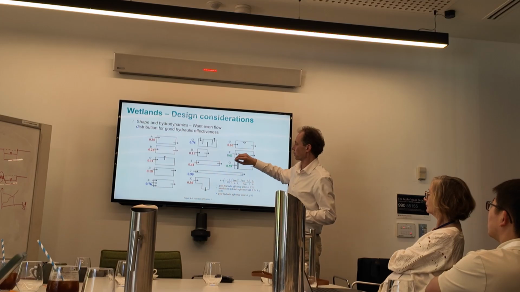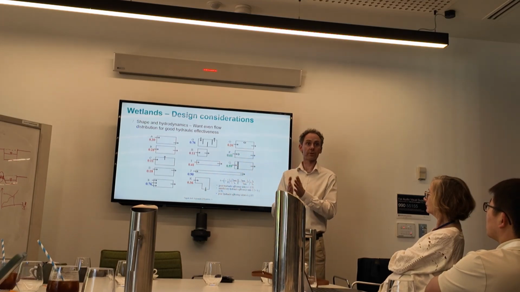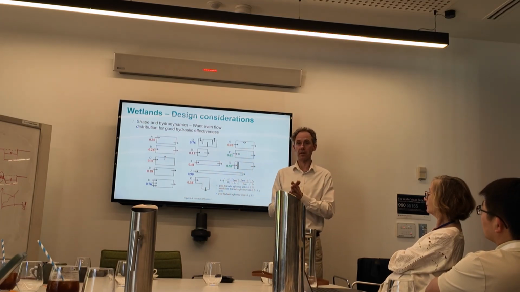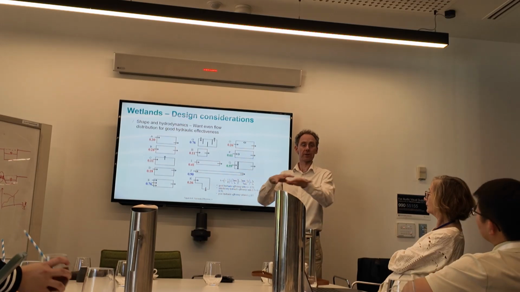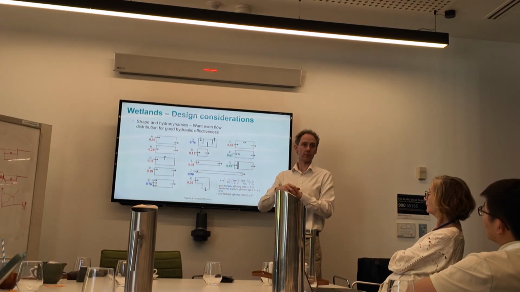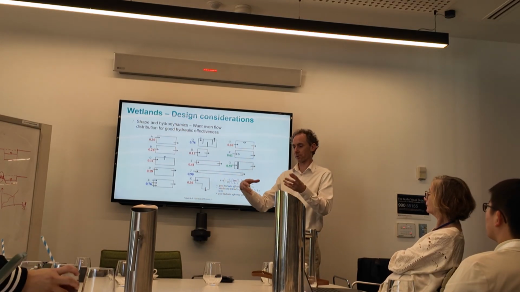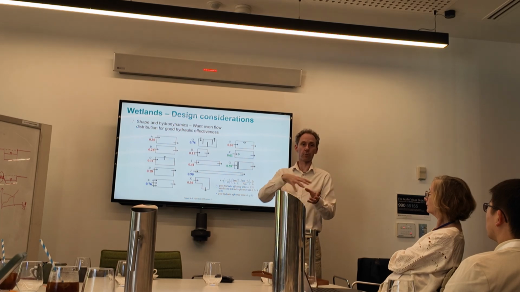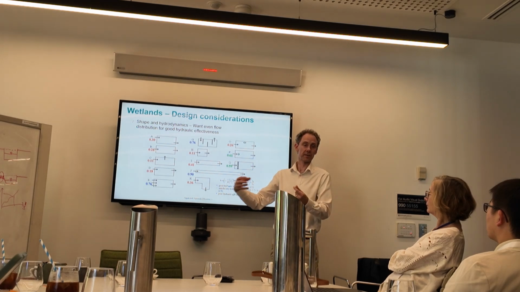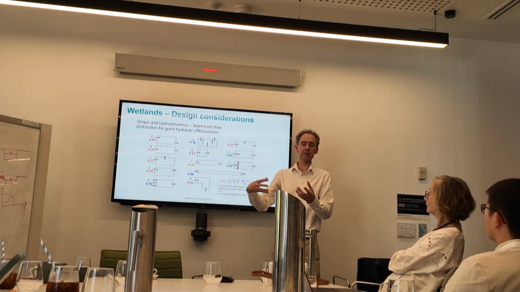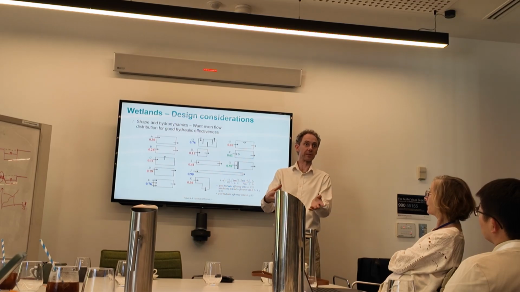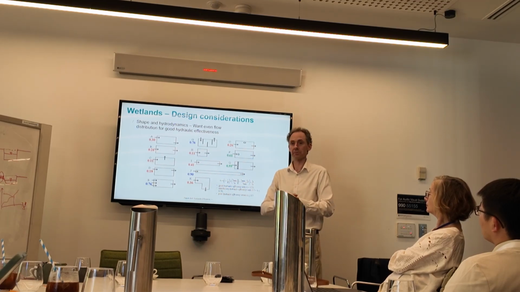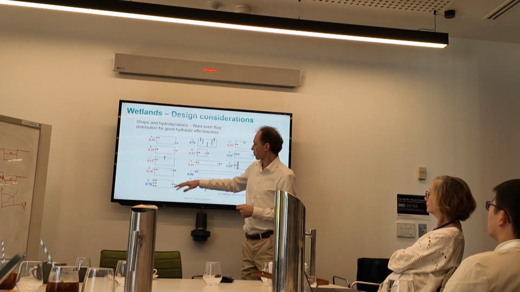So what we want is what we call good hydraulic effectiveness from the system. So we want the water to be evenly distributed and to pass through all parts of the wetland, not have any dead spots or short-circuiting occurring where the water isn't passing through some of those areas. Because if the water isn't passing through an area, essentially we've wasted money building that area, we're not getting any value out of it.